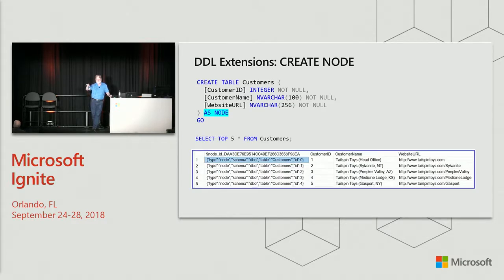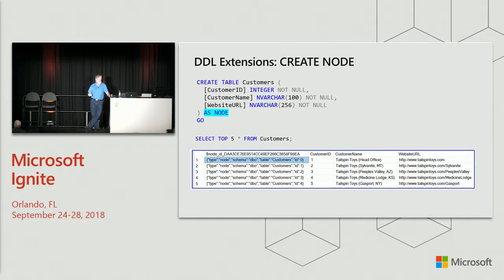So you'll see that although it's stored as a bigint, under the covers, it gets represented as a JSON string. So you have type equals node, schema equals dbo, table equals customers, and the specific ID is 0, 1, 2 for each row. Okay, so you get that.